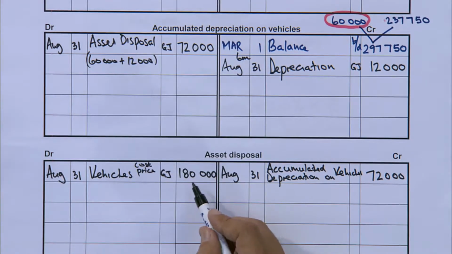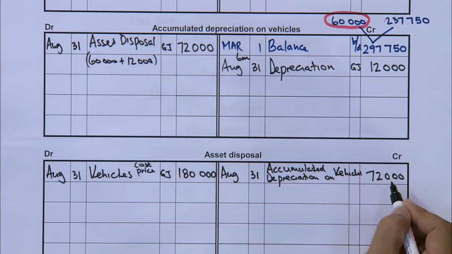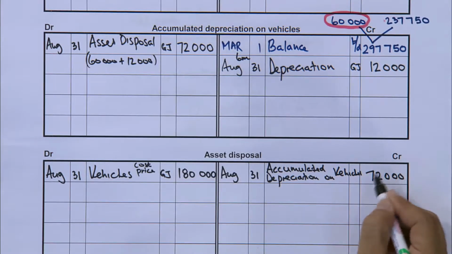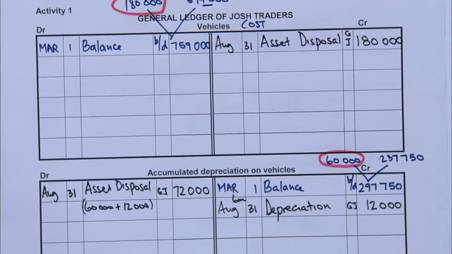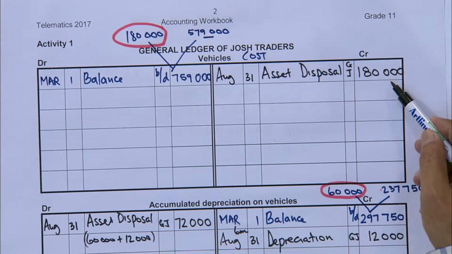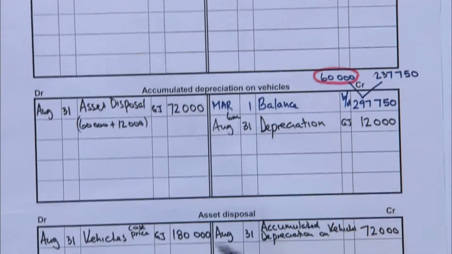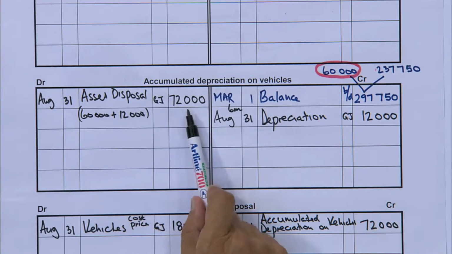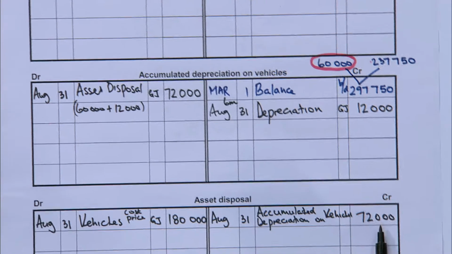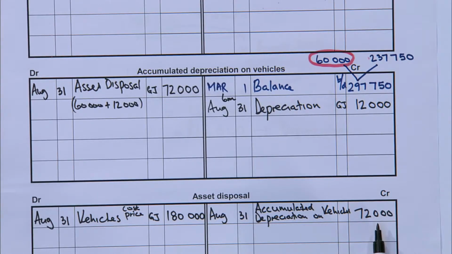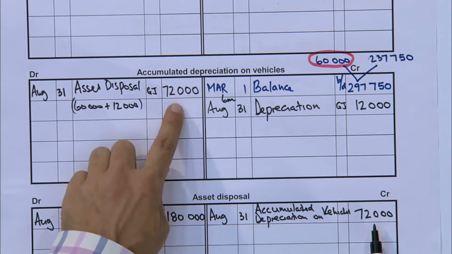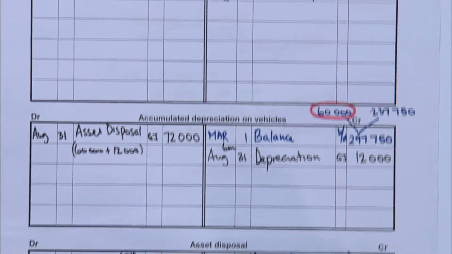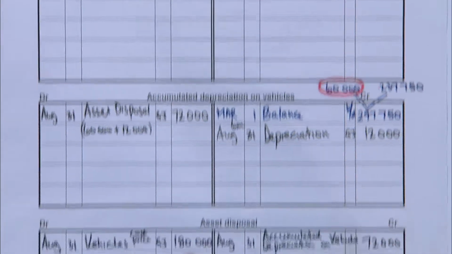So on the debit side, I have the cost price. On the credit side, I have the total accumulated depreciation of the vehicle that I'm going to sell. Just to check that it's a double entry: we have asset disposal on the credit side of the vehicles account. That's why we have vehicles on the debit side of the asset disposal account. Then on the debit side of the accumulated depreciation, we have 72,000, so on the credit side of the asset disposal account, you have 72,000. So that will be that double entry from there till there. And this one will come from the vehicles over there.